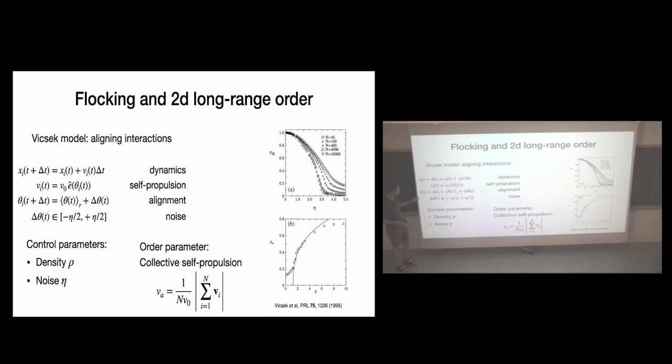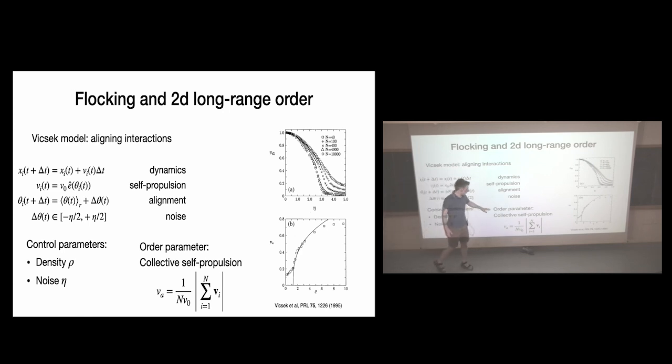Theta is the theta you saw before, and theta is updated with an alignment rule that makes it align with the average angle of the particles within a radius r from the single particle i, and a delta theta, which is a noise, which is described by this amplitude eta. Once you have this, you say that you have two control parameters in your system. You have density rho, the number of particles you have in your volume, and the noise eta.